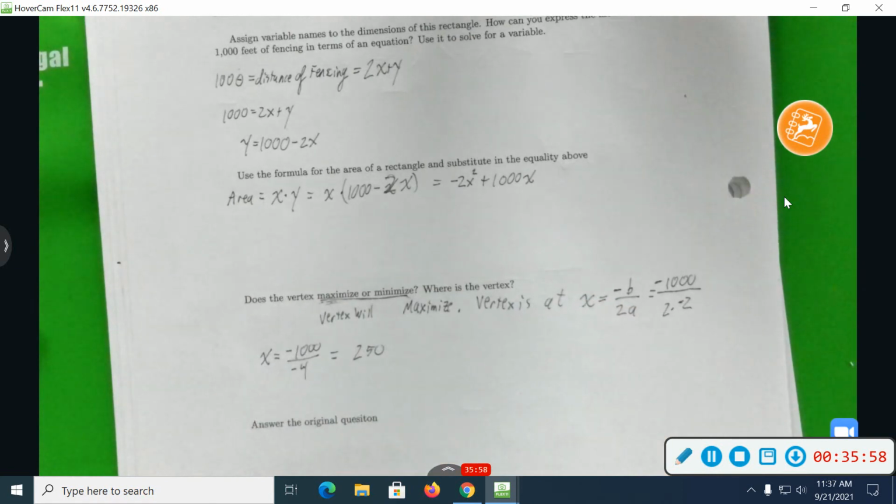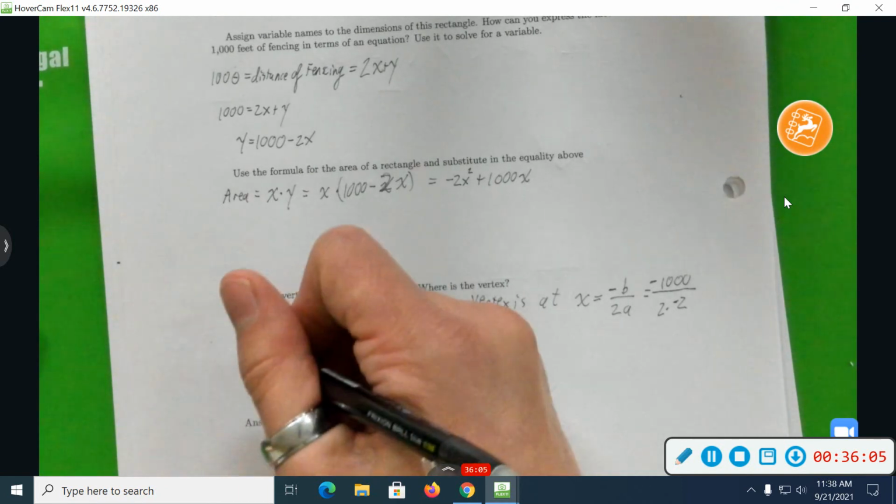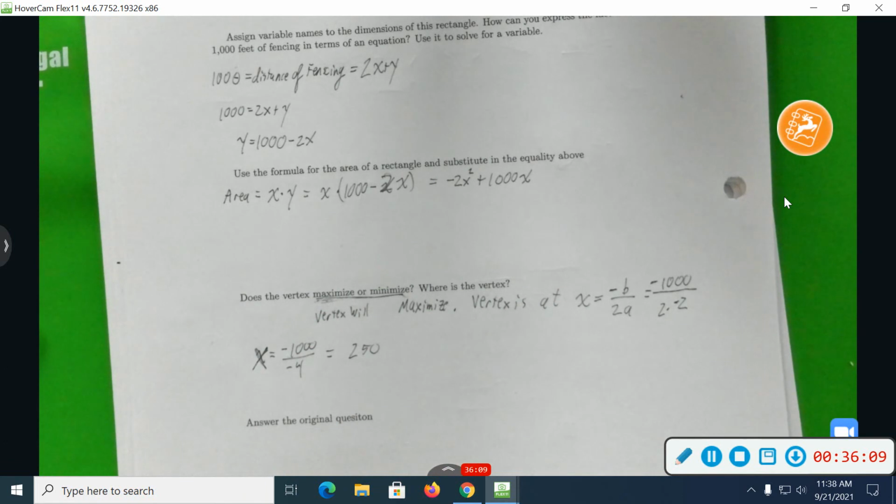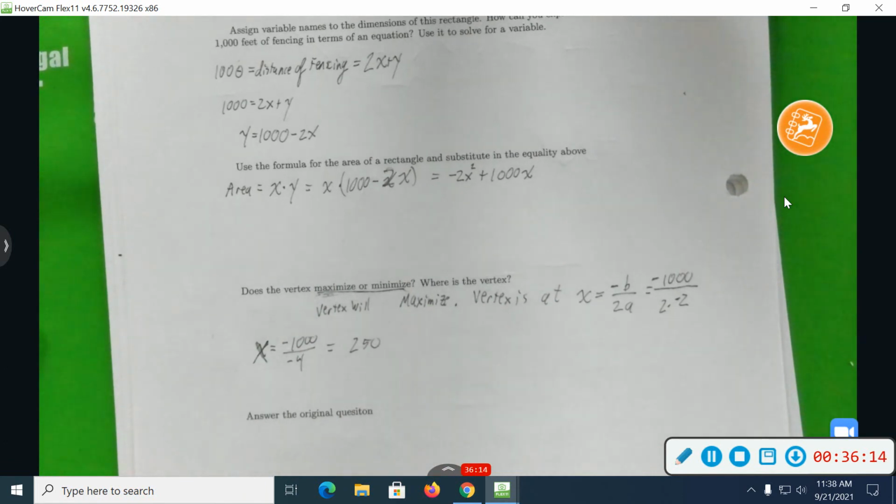That's 250, right? 100 divided by 4 is 25. There's an extra 0. So that's the x-coordinate of the vertex.